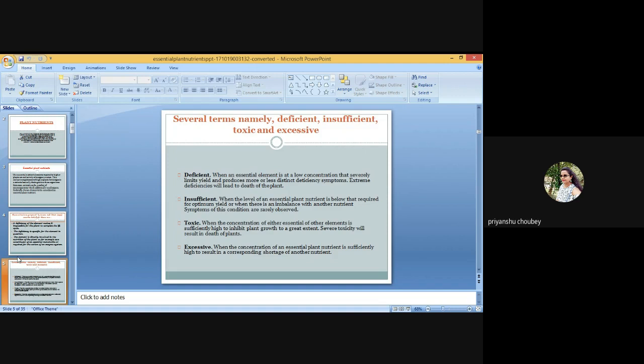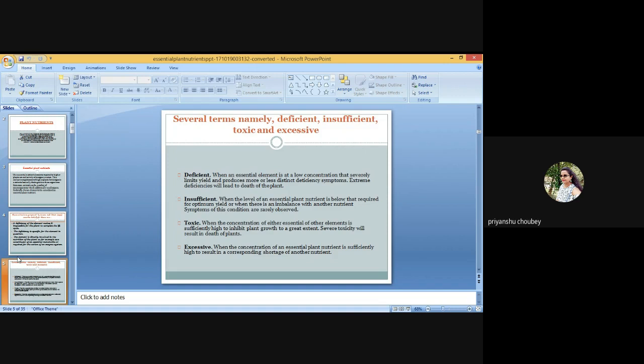These are classified as mobile nutrients. Cations like potassium, calcium, magnesium, ammonium, iron, copper, and nickel are either held on the negatively charged surfaces of colloidal clay and organic matter in the soil.